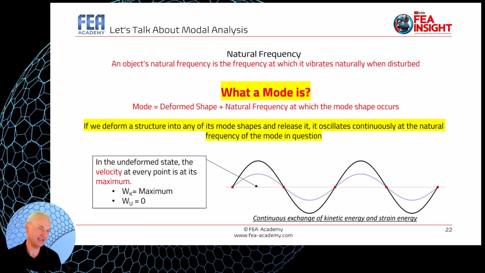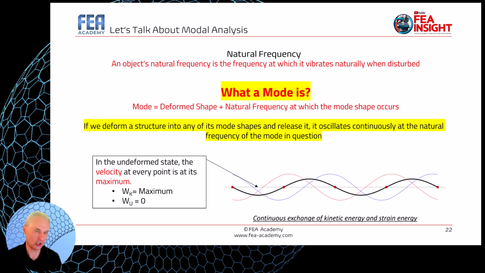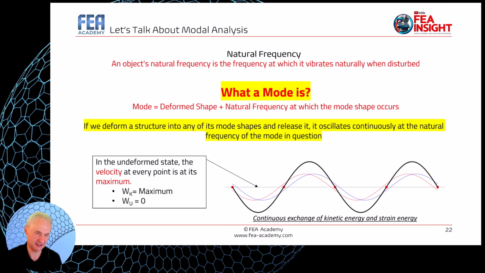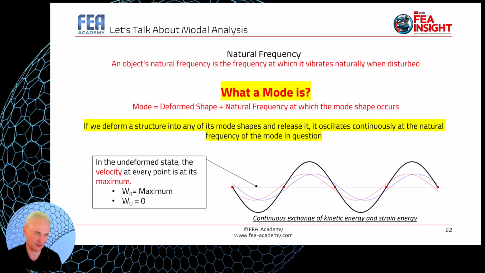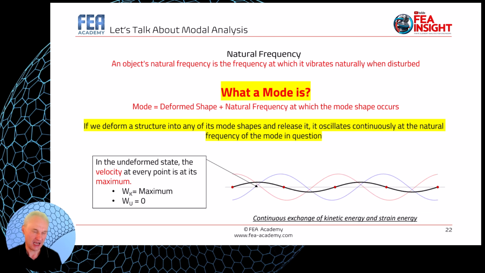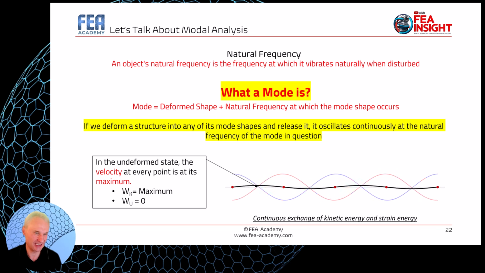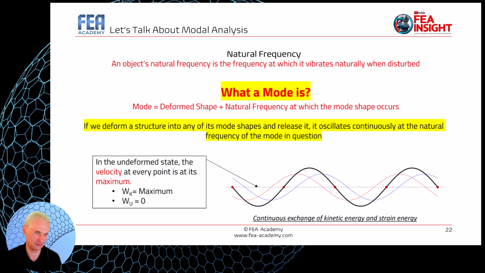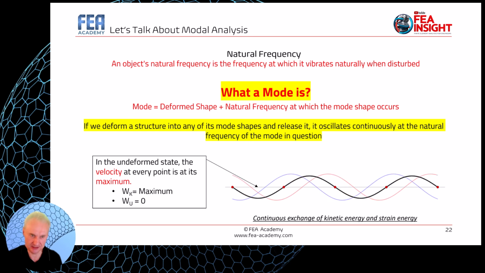In the oscillation, there are two interesting states: the undeformed state and the maximum deformed state. If we start with the undeformed state, the velocity at every point is at its maximum. So the kinetic energy is maximum at the undeformed state, while the potential energy is 0.